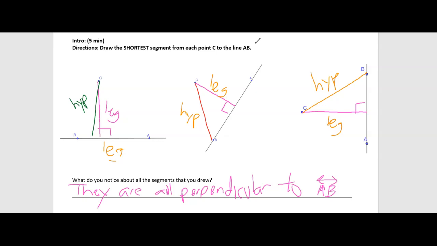So because that perpendicular segment is a leg, and every other segment that you could draw from C to line AB would be a hypotenuse, that's another way to prove that the perpendicular segment will always be the shortest, right? Because it's always going to be shorter than the hypotenuse, which is what every other segment would be that you could draw. All right, now we'll move on.